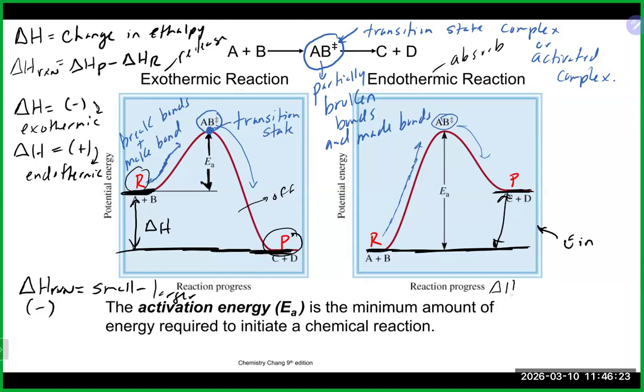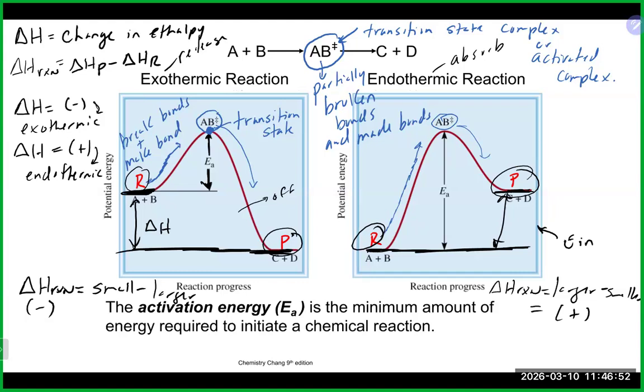In this case, if you calculate delta H of the reaction, our final state, which is our products, is larger in energy than our smaller reactants. And that will usually yield a positive value for delta H. So when we see delta H, if it's negative, it's an exothermic reaction, and if positive, an endothermic reaction.